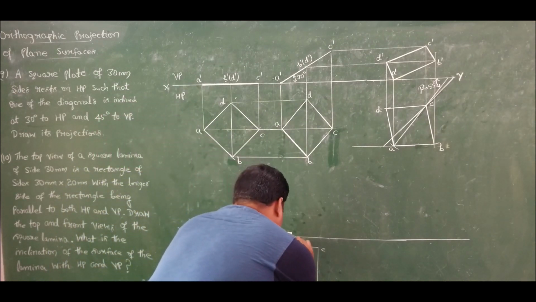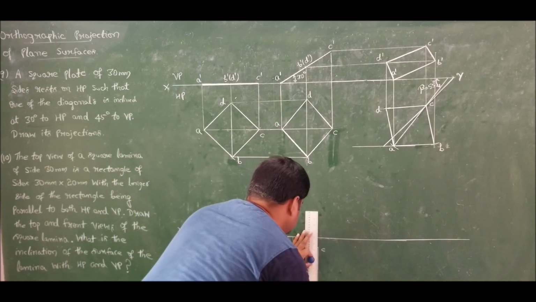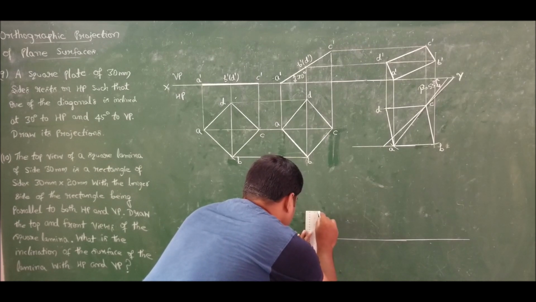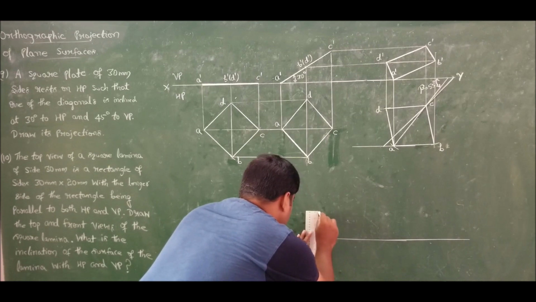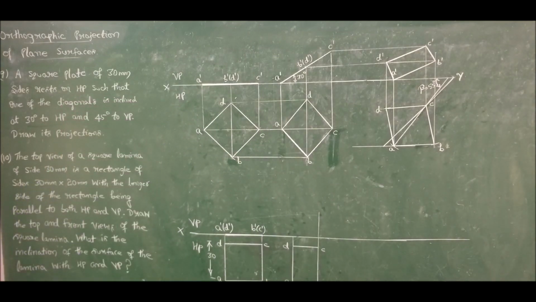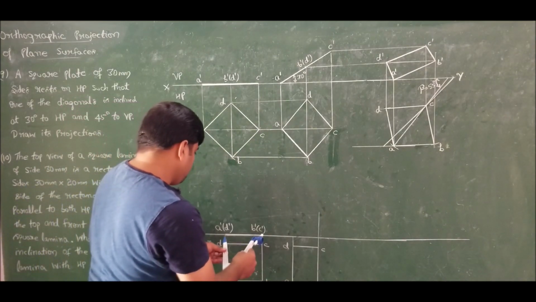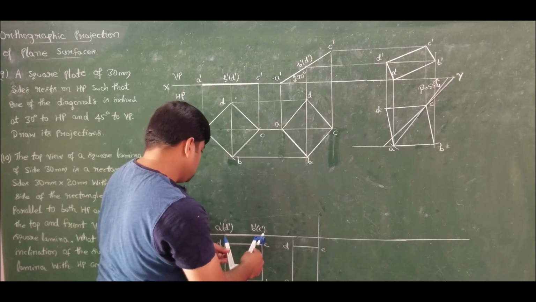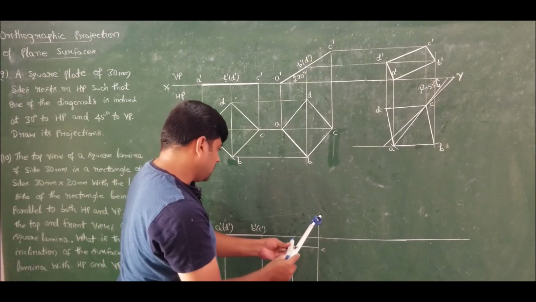Now you take the projection. Now extend this side further upwards like this and measure the front view, which is 30 mm, using which you cut an arc.